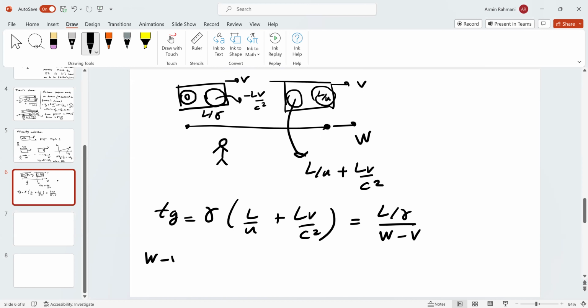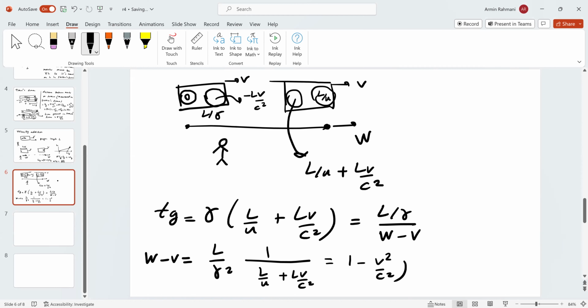So we can write W minus V is L over gamma squared. I divide by gamma divided by that whole thing. So let's say 1 over L over U plus LV over C squared. So the L's cancel out, right, from upstairs and downstairs. 1 over gamma squared was a simple thing, so that was 1 minus V squared over C squared. That's 1 over gamma squared.